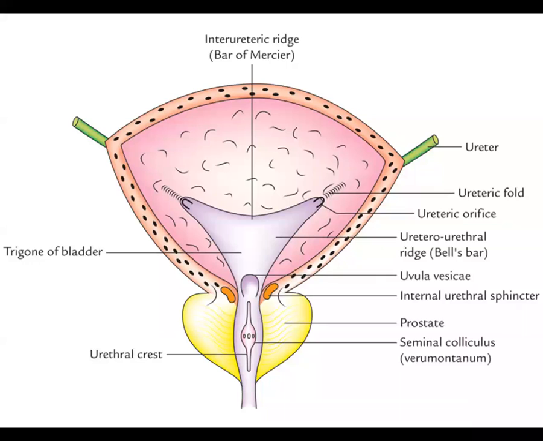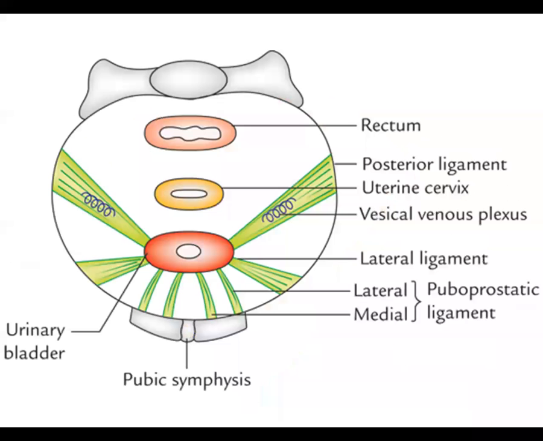Now the venous drainage. The veins form a plexus called the vesical venous plexus. This vesical venous plexus lies in the posterior ligament, and finally the vesical veins drain into the inferior gluteal and superior vesical venous plexus, then into the iliac vein and then into the inferior vena cava.